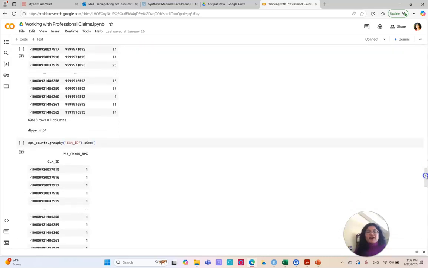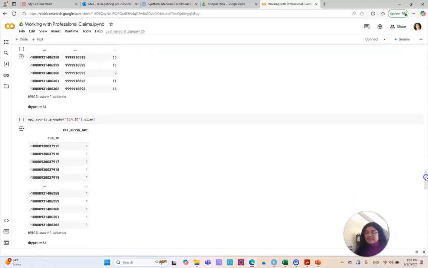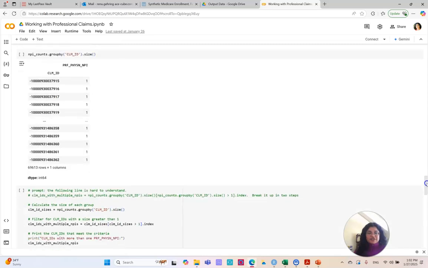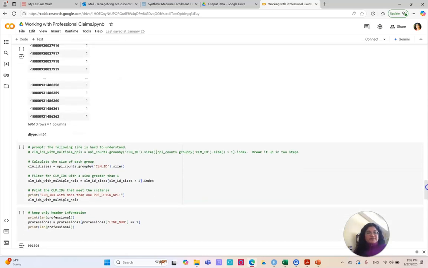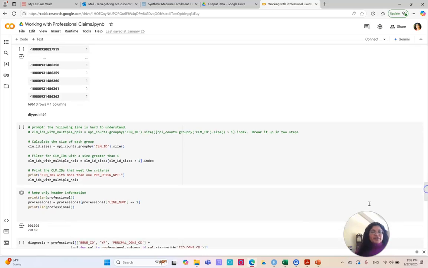So that's how I figured out that AI was doing what I wanted it to do. Now I know what the size is. If the size is one, then I know there are not more than one performing NPI on each claim ID.